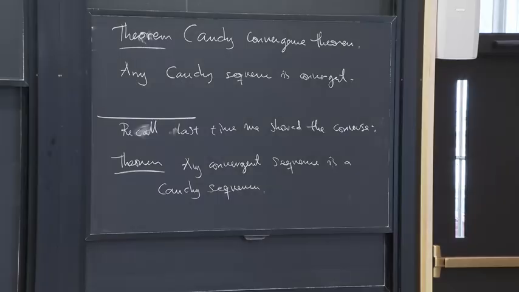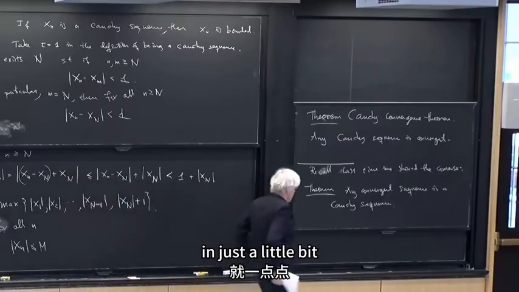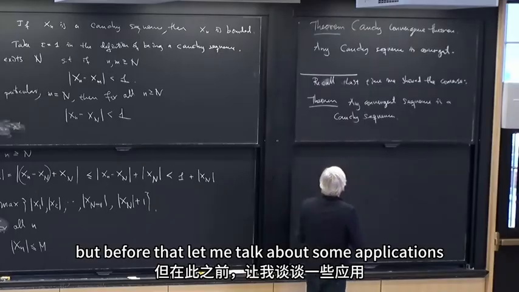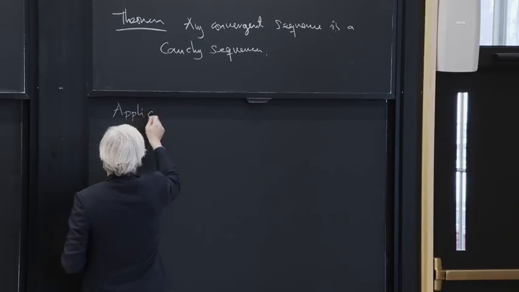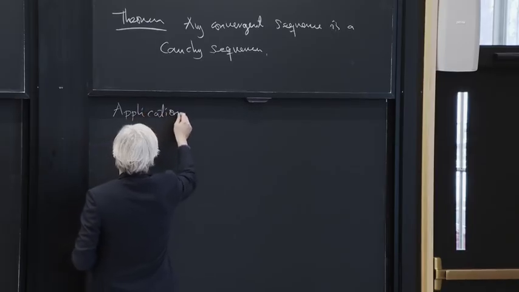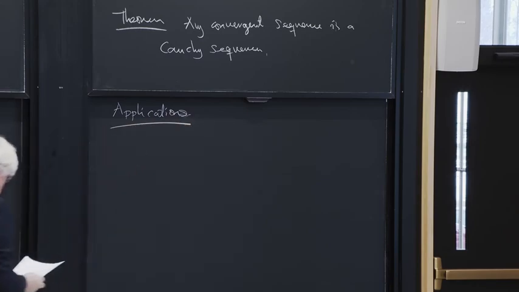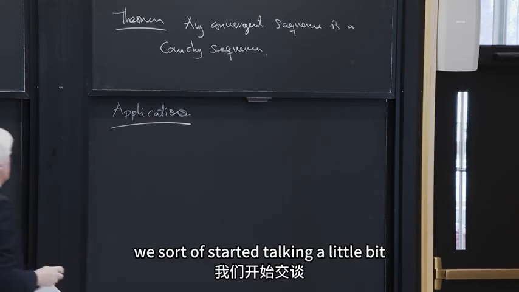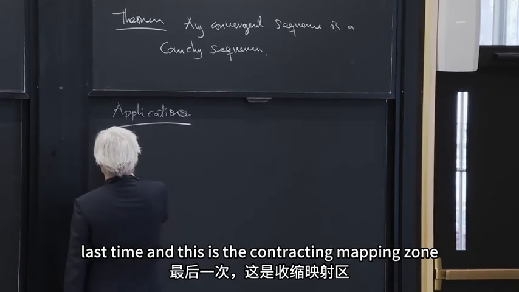Now, we'll come back to the proof in just a little bit. But before that, let me talk about some applications. And so the first one, we sort of started talking a little bit last time, and this is the contracting mapping theorem.